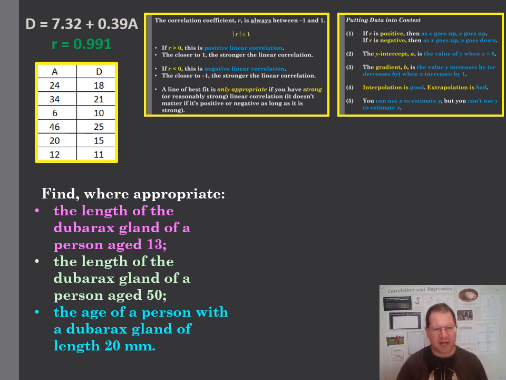So given that a is x and d is y, it's okay to use a value like an age of 13 to find the length of a Dubrex gland, because that's turning x into y to estimate y, but we're not supposed to do it the other way around. We're not supposed to use Dubrex gland information to work out ages. So again, that final one is not appropriate, and I will not be doing it.